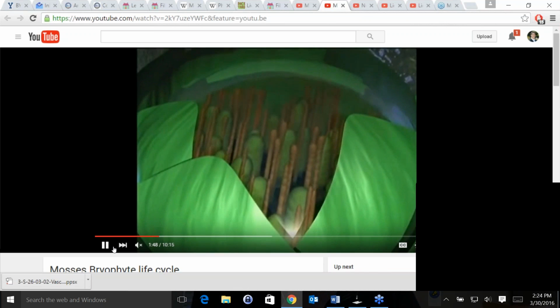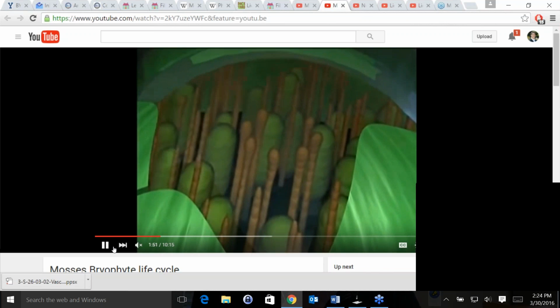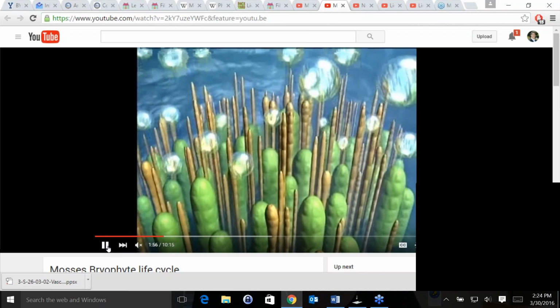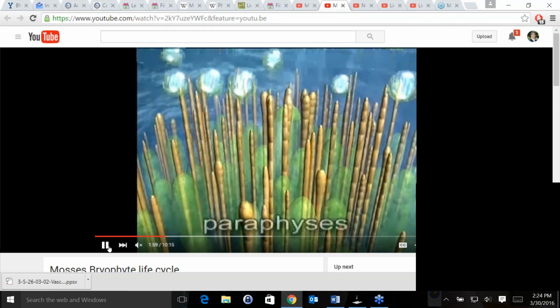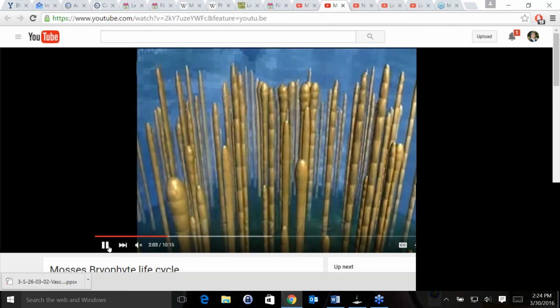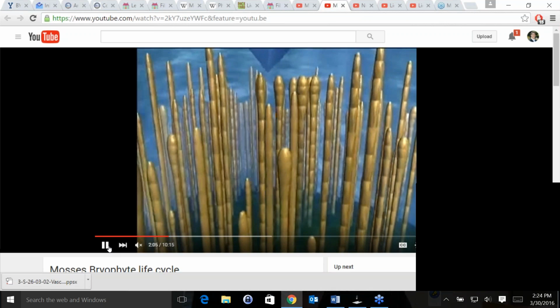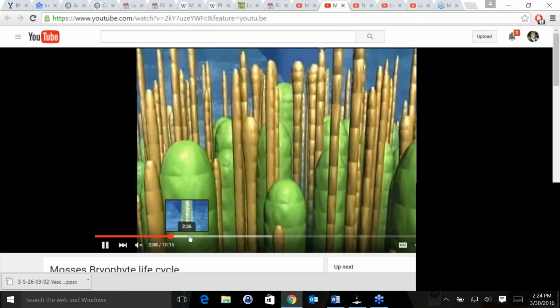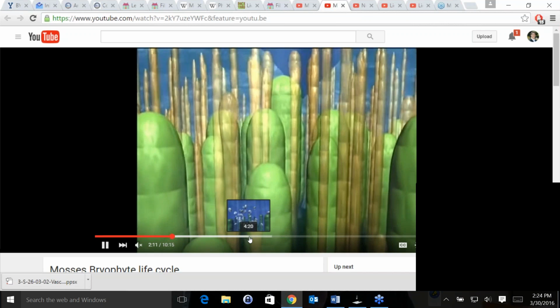Now, the male plant has stem tips that have reproductive structures called antheridia, which are supported by a stalk. The upper portion of it has a protective jacket that surrounds a group of sperm cells. The female plant also has tip structures, but instead of antheridia, they're called archegonia.